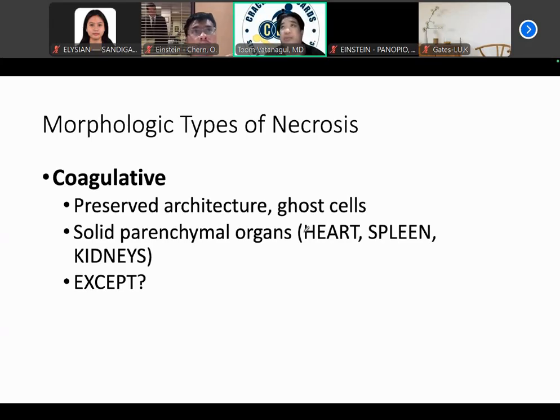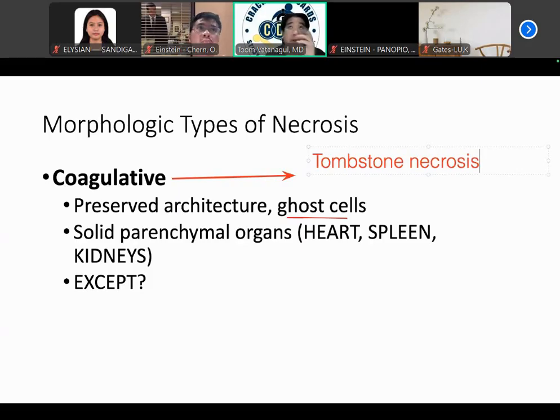In coagulative necrosis, the cellular architecture is preserved. We have the presence of ghost cells. In fact, coagulative necrosis in some references is known as tombstone necrosis. Coagulative necrosis occurs in solid parenchymal organs, such as the heart, the spleen, and the kidneys.